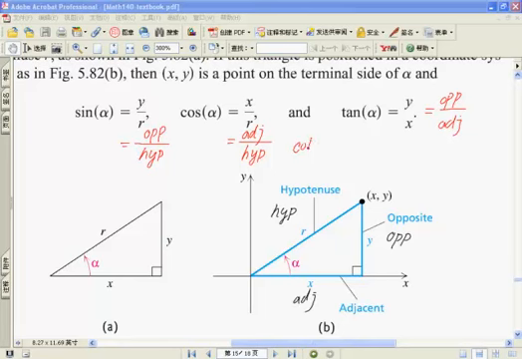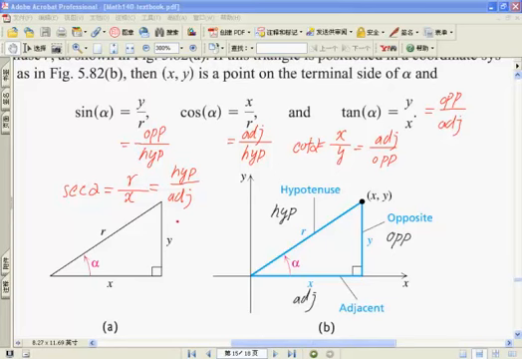So we have the cotangent, which is equal to x over y, that is adjacent over the opposite. And we have the secant alpha, which is equal to r over x, that is hypotenuse over adjacent, right?